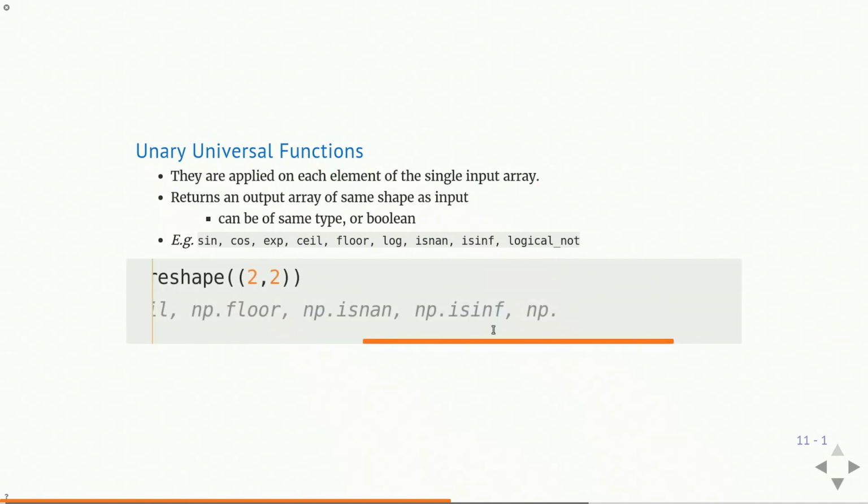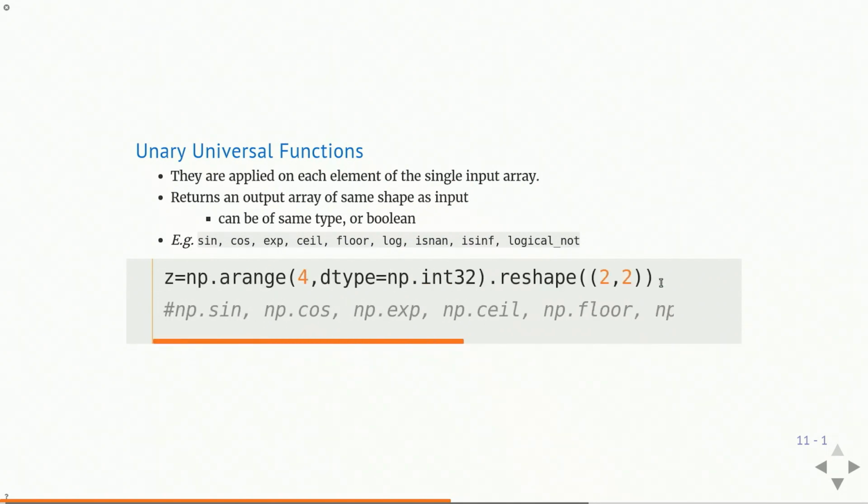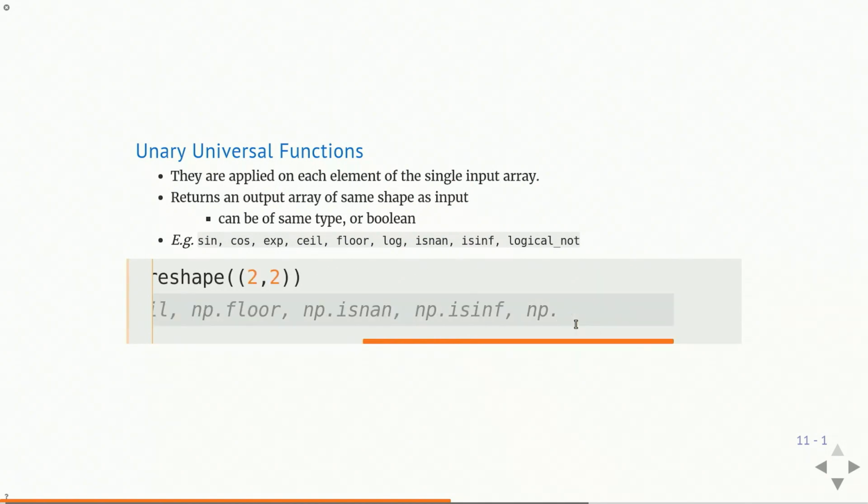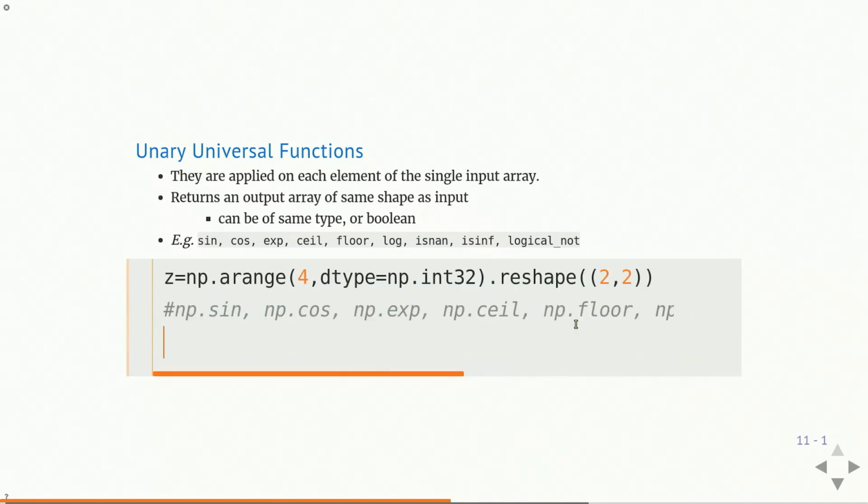Let's see an example of universal functions. Here, given this array z of shape 2 comma 2, I am going to apply a list of universal functions on it, and we are going to see the results.